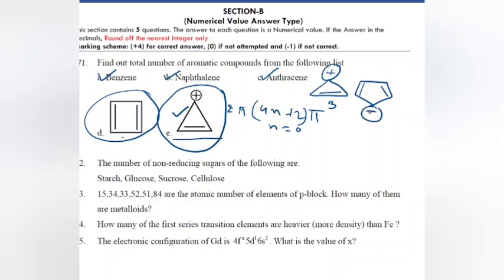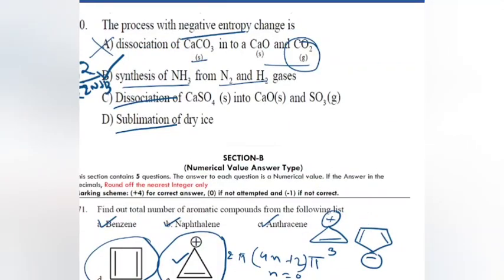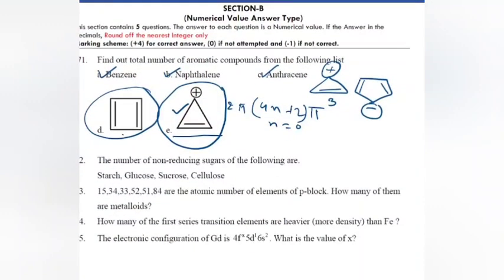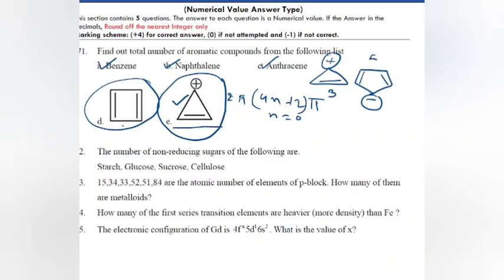This is the cyclopentadienyl anion. Sorry, this is a 5-membered ring, right? Let's move to the next odd number, that is 7 carbon atoms.